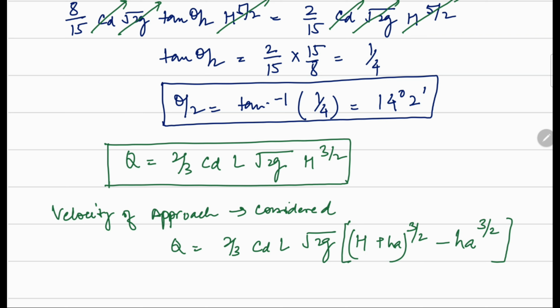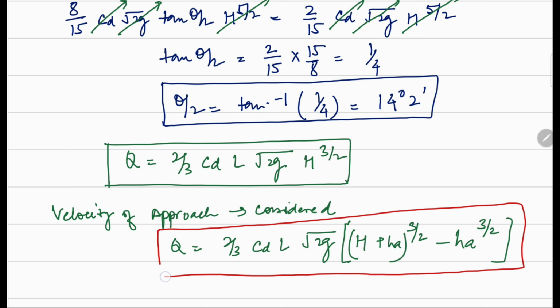That particular equation we will use to assess the discharge over the Cipolletti weir with the consideration of the velocity of approach. Now in the next section we will discuss some numerical problems, and we will learn how to solve numerical problems on the Cipolletti weir.